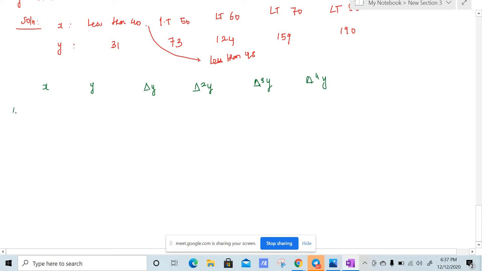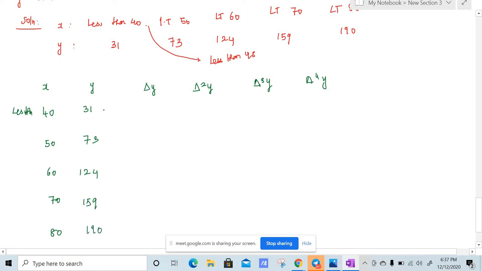For x, you just write less than 40, 50, 60, 70, 80. This less than is for every x. And y is 31, 73, 124, 159, and 190.